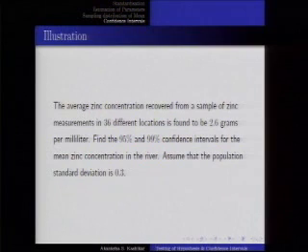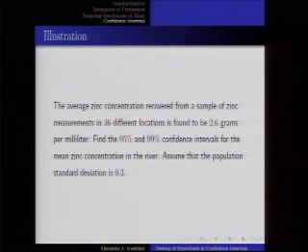Here is one example. The average zinc concentration recovered from a sample of zinc measurements in 36 different locations is found to be 2.6 grams per millimeter. So we have to construct 95% and 99% confidence intervals for the mean zinc concentration in that river.